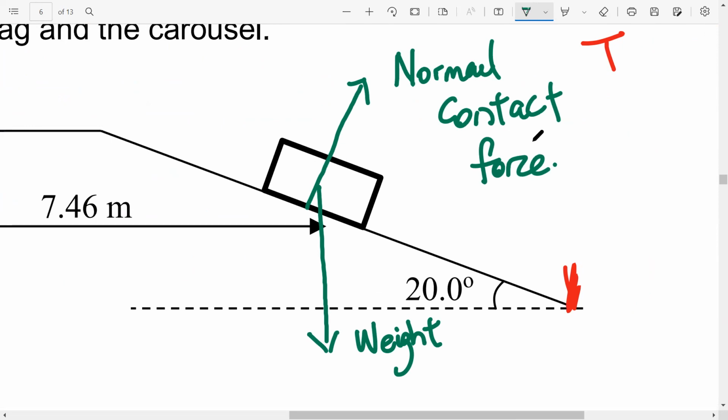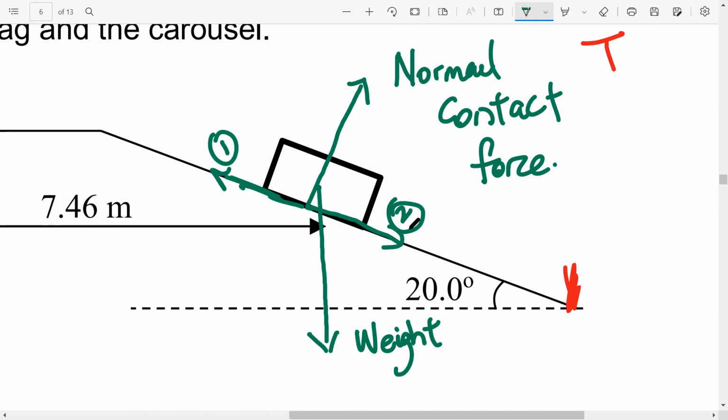Now, the key thing is friction. Friction is going to be along the surface. Is it in direction one or direction two? Which one will make more sense?